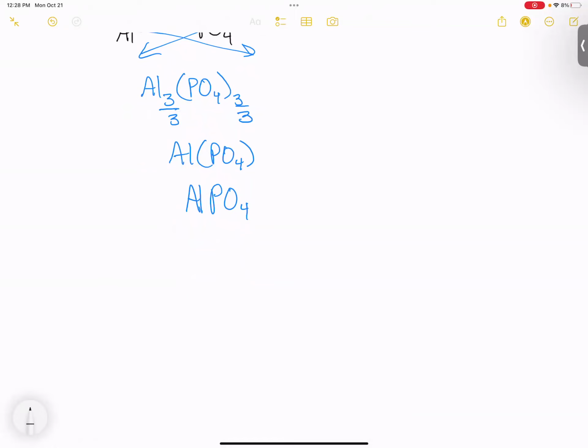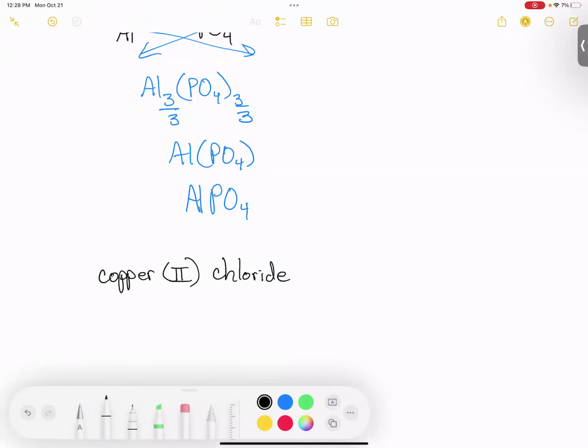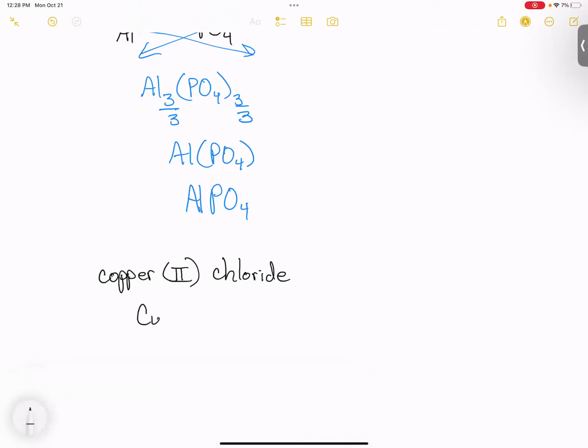Let's look at copper 2 chloride. What is the charge on the copper? 2. How did you know that it was a 2? Because the Roman numeral gave it to you. Why was the Roman numeral necessary?